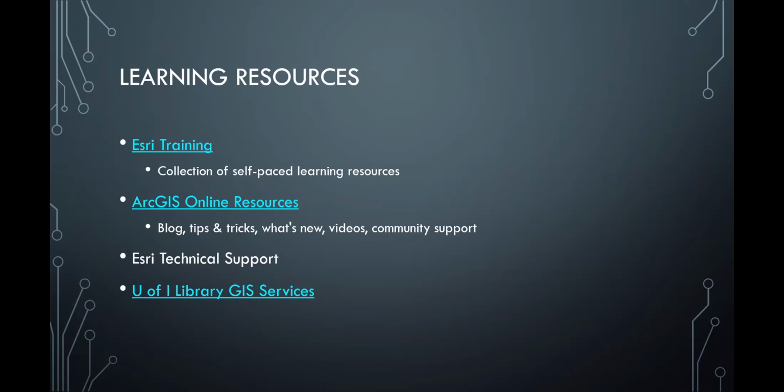There's a number of ArcGIS Online resources that are available, and at least for folks at the University of Idaho, we do have access to Esri technical support staff. So if you run into a bottleneck, you think there's a bug in the software, you're really stuck, we can open up a case with Esri technical support.